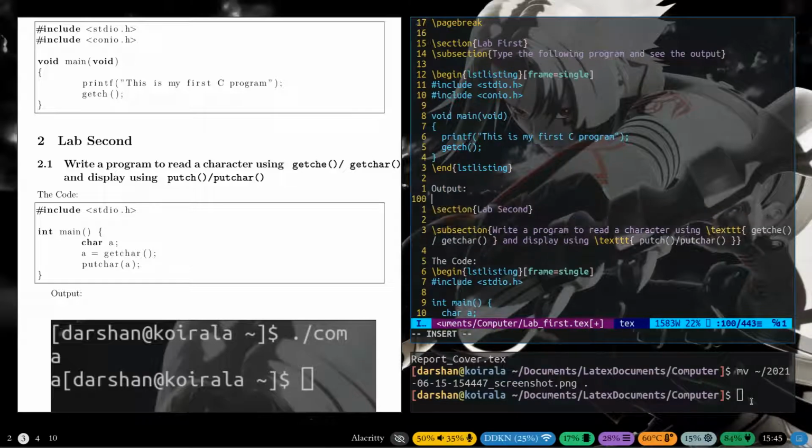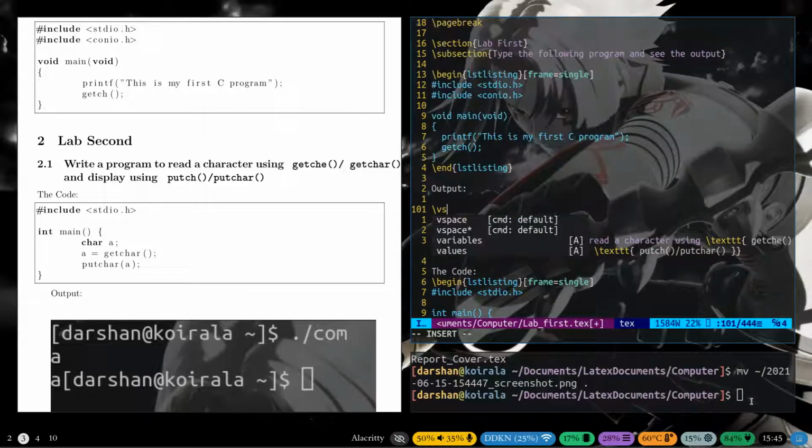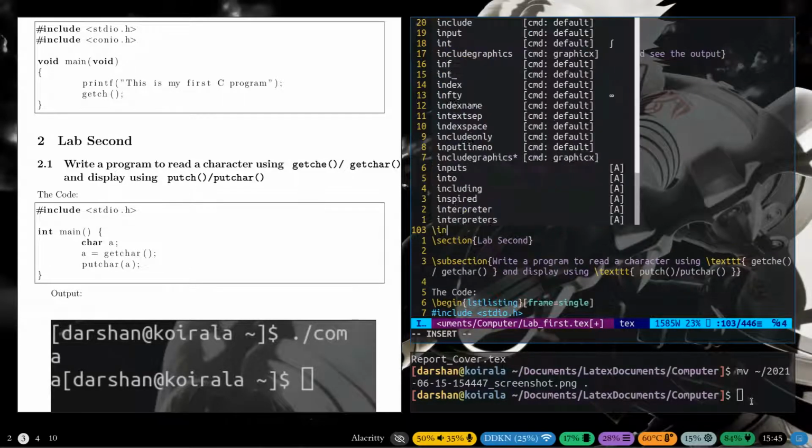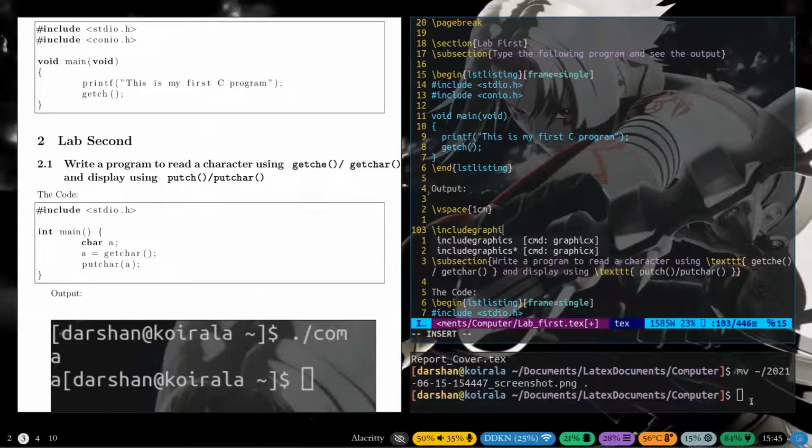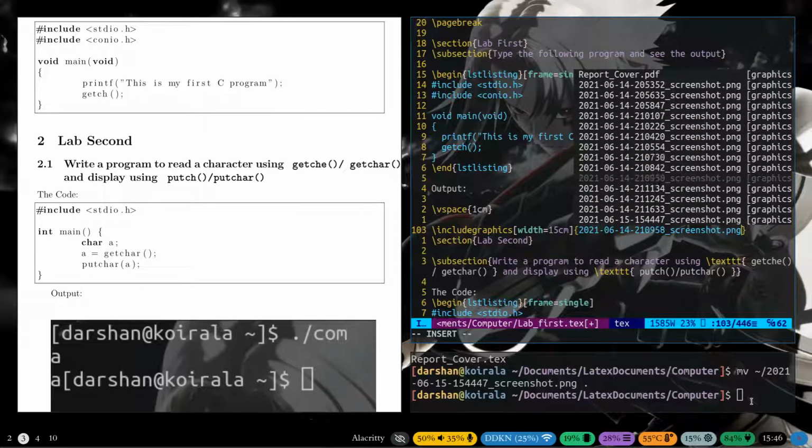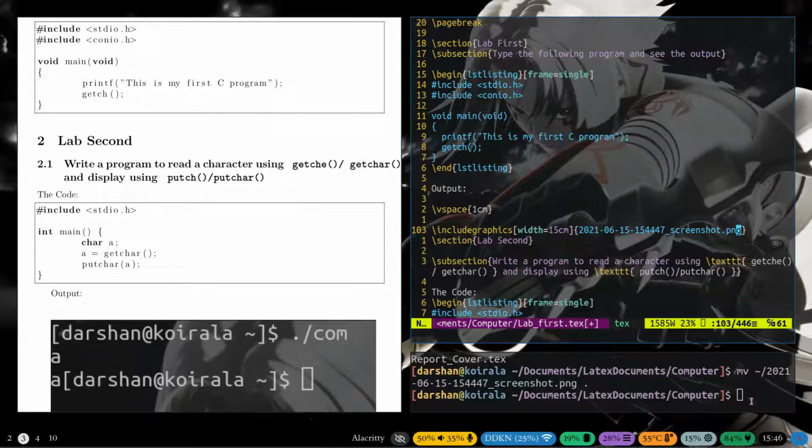Output and vertical space is 1 centimeter. So since include graphics, the traditional width is 15 centimeter, and the thing is going to be the last one.